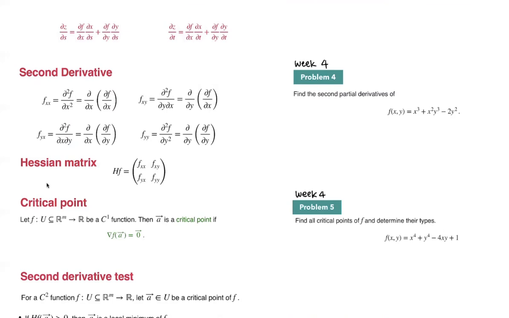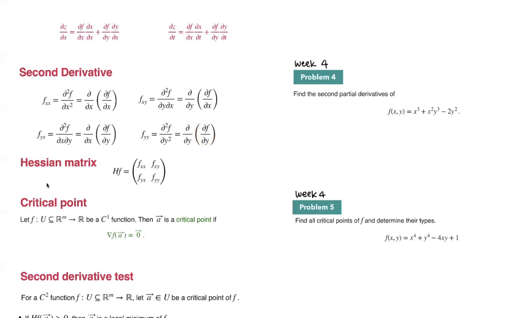So in many cases fxy and fyx are the same, and the theorem name is Clairaut. I'm not sure about the pronunciation, but you can find it in the lecture note. And fyy is just taking the partial derivative a second time with respect to y.